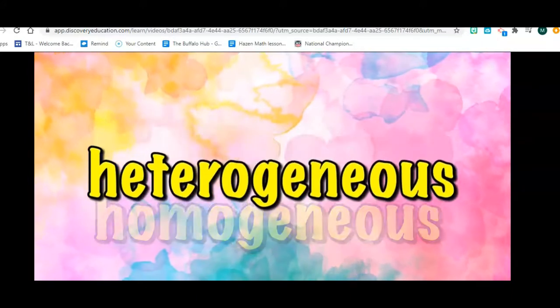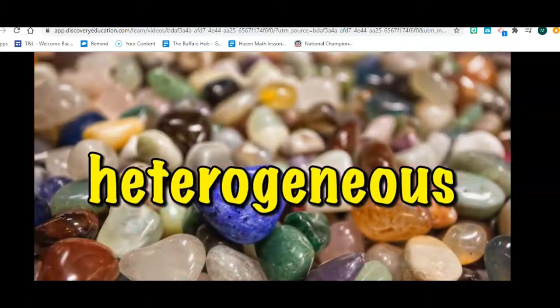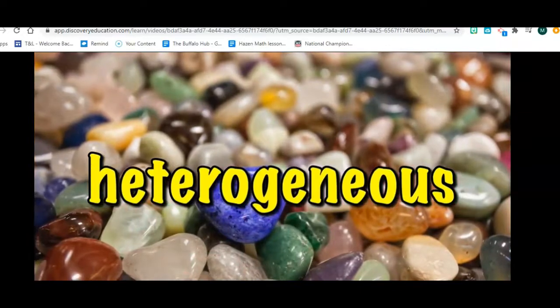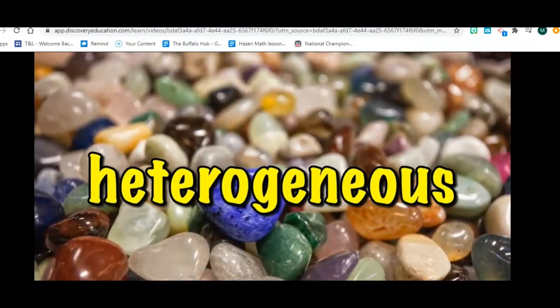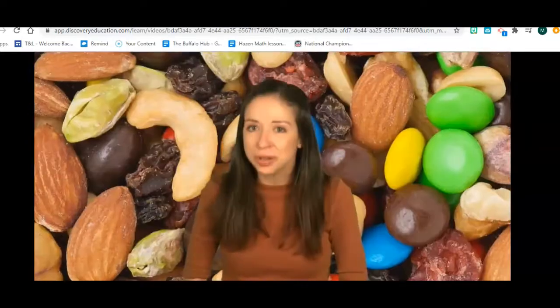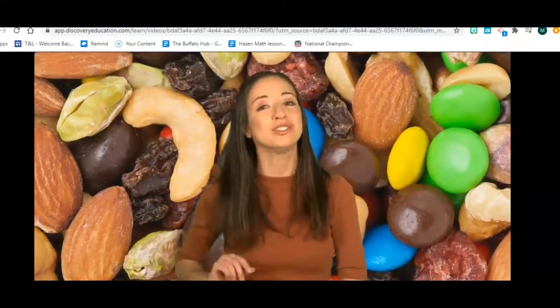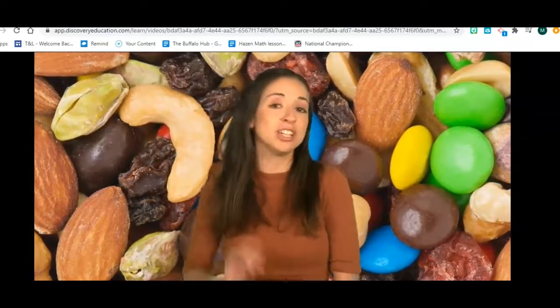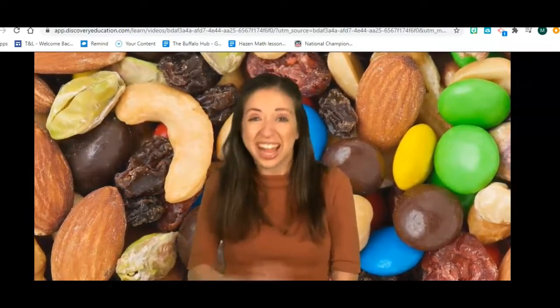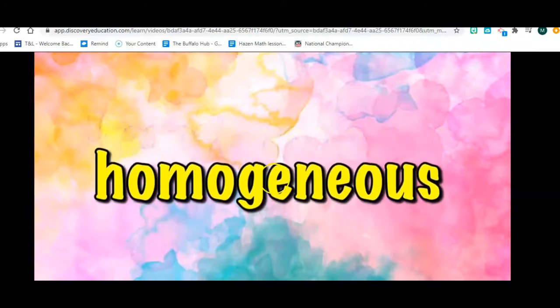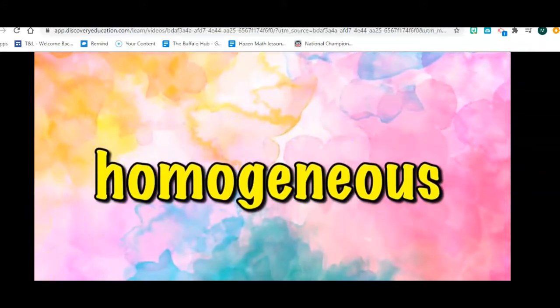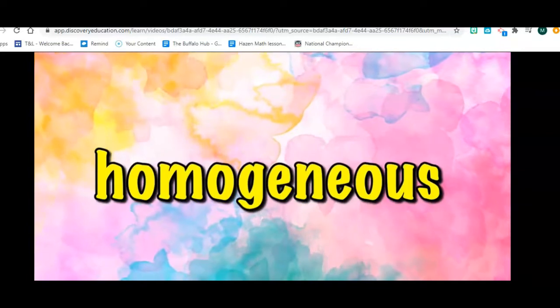In a heterogeneous mixture, the arrangement or distribution of the substances varies throughout the mixture. The parts of a heterogeneous mixture can be easily separated. Our trail mix is an example of a heterogeneous mixture. If we wanted to, we could easily separate out our favorite ingredients. In a homogeneous mixture, all the components are evenly distributed throughout the mixture.